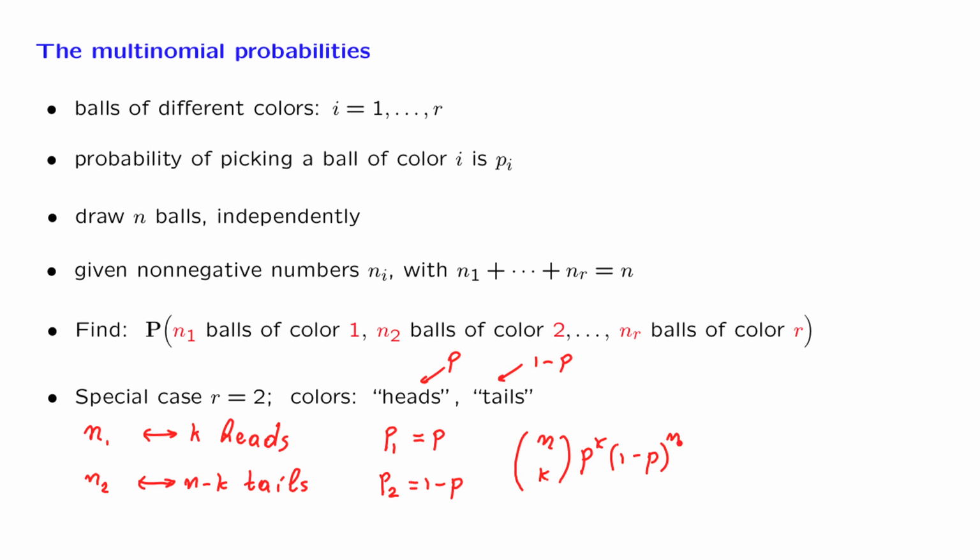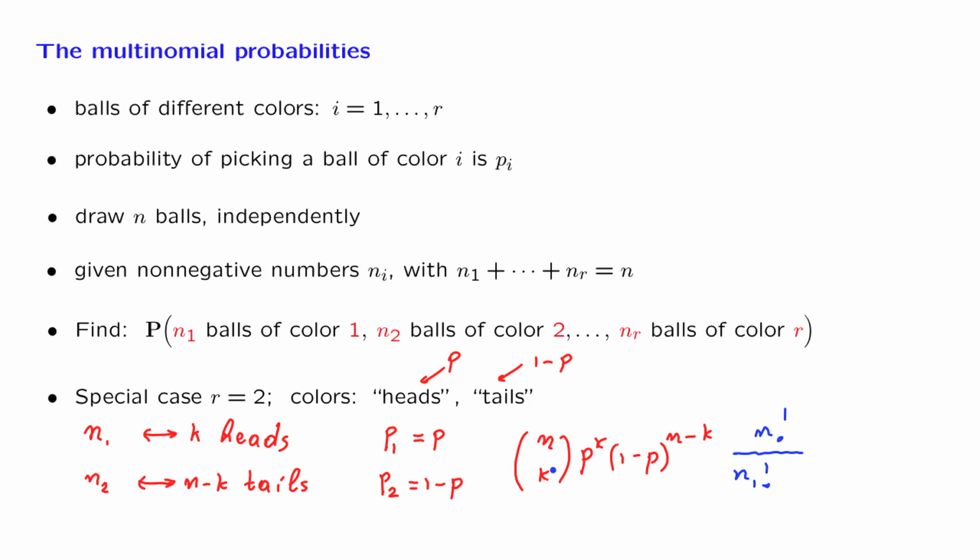Now we can translate this answer to the multinomial case where we're dealing with colors, and we do these substitutions. So n choose k is n factorial divided by k factorial. In this case, k is the same as n1, so we get an n1 factorial. And then we're going to have here n minus k factorial.